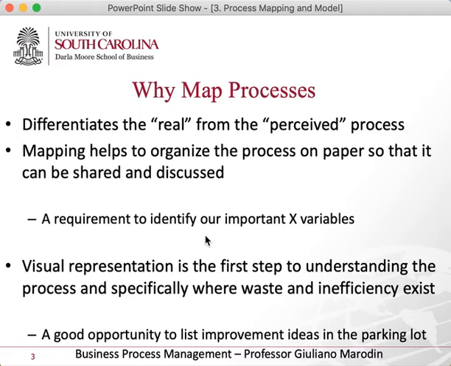You have this kind of swim lane process that we're going to talk about. We want to understand what has really been going on, and that's different from what people think has been going on. So you're mapping the actual situation, not what's supposed to be, not what I think it is. It's what actually is happening.